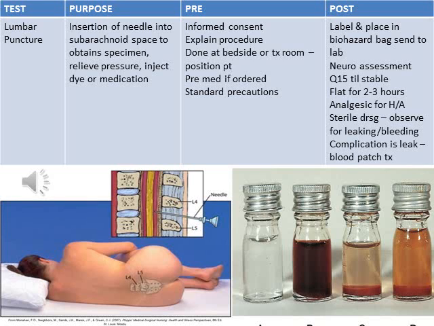The pink one, second from the right, shows some RBCs present, and then the yellow one shows that there's bilirubin present related to jaundice.